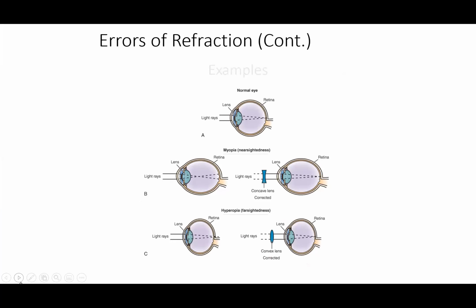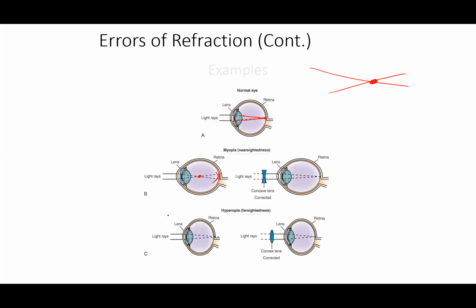Okay, so normally what we want is for the light to be bent and hit accurately on the back of the retina. Okay, so when you draw lines, right, at some point they converge. And right at that convergence point is where it should accurately hit the retina. Okay, now in some people, where the lines cross, it lands too far in front of the retina.